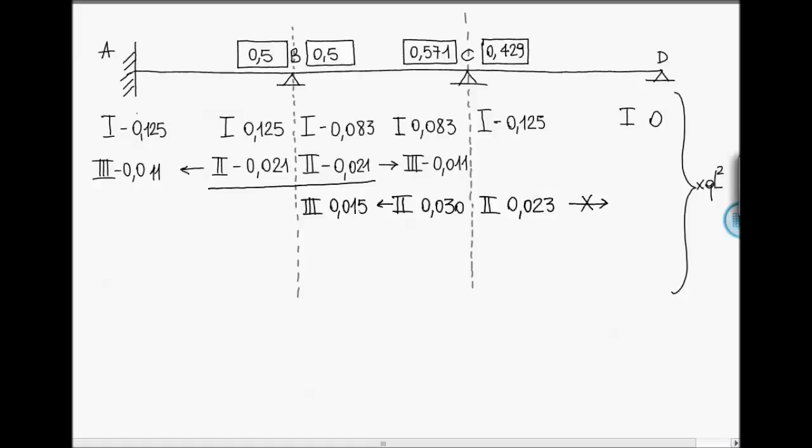And now node C is balanced. Then we have an unbalanced moment on node B equal to 0.015. We distribute it and we obtain second bending moments equal to minus 0.008 on both sides.